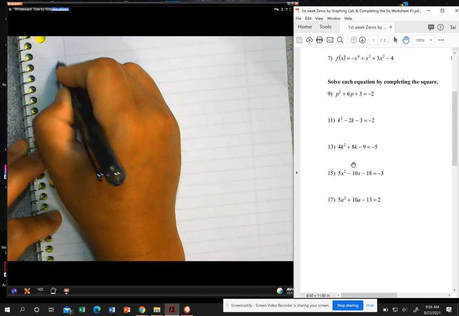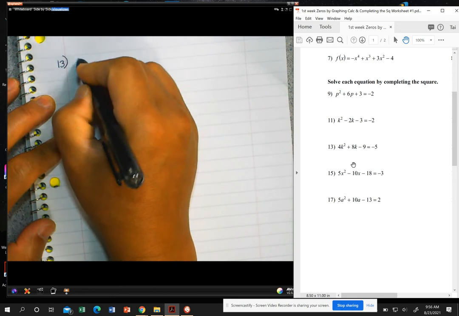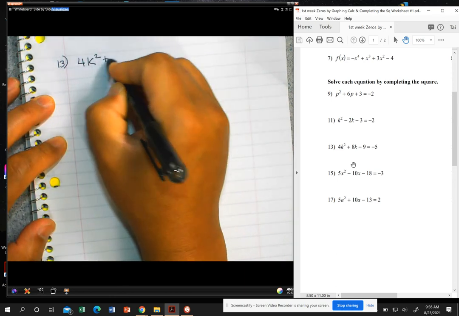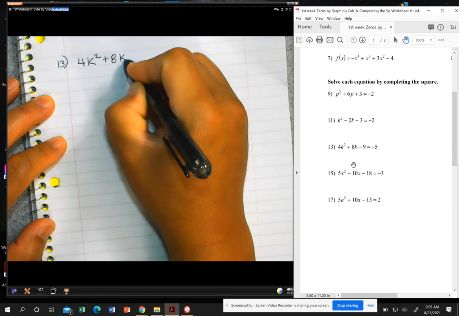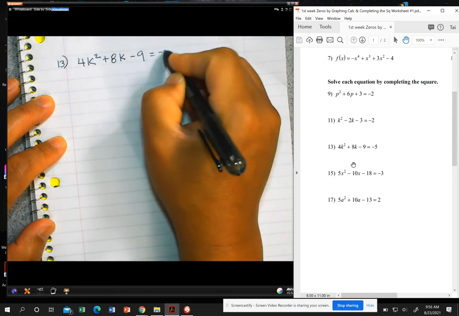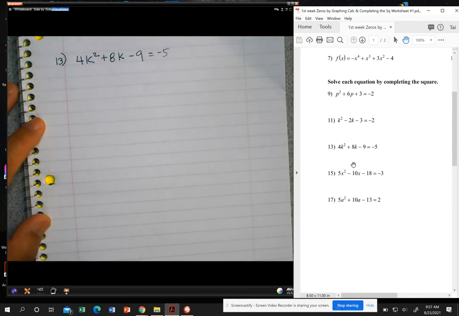Alright, so this is number 13. We have 4k squared plus 8k minus 9 equal to negative 5. Very similar, except for that middle part.